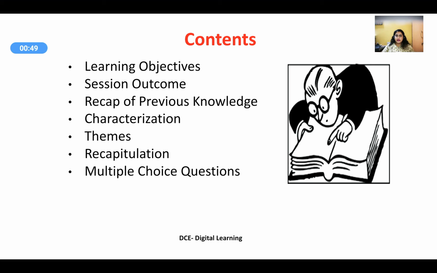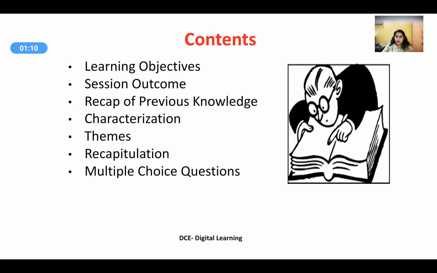Let us have a look at what we can look forward to in the course of this presentation. Learning objectives, which will give us an idea as to what we can look forward to. Session outcome, what the student can expect to be updated with by the end of the session. Recap of previous knowledge.